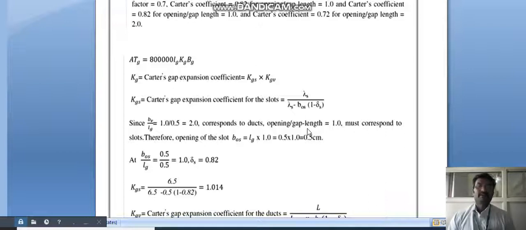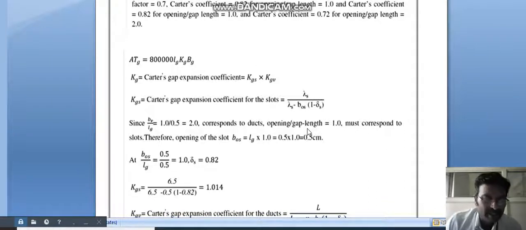In some problems, we have to find the values of the main dimensions from the values of air gap, specific magnetic loading, and specific electric loading. There we should use the formula: kVA is equal to C0 into D square L n.